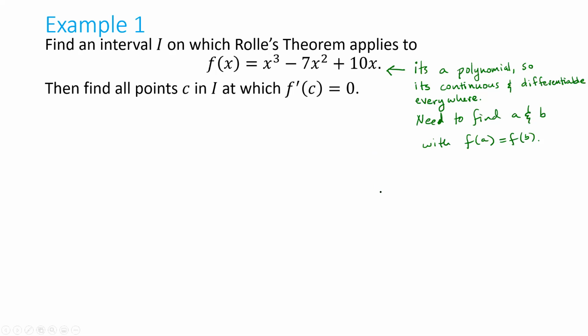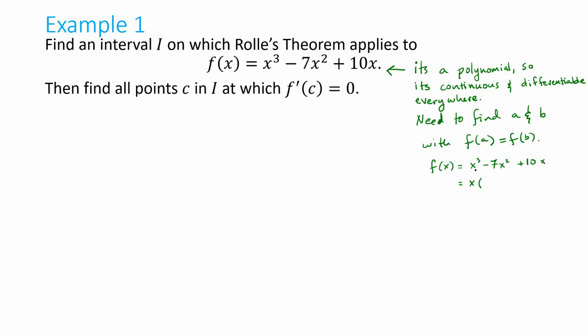So actually, we could think about factoring this to help us with that. There could be many different choices for a and b, but what would be easy is to find the zeros of this function, so find the values of x that make this function equal to 0.